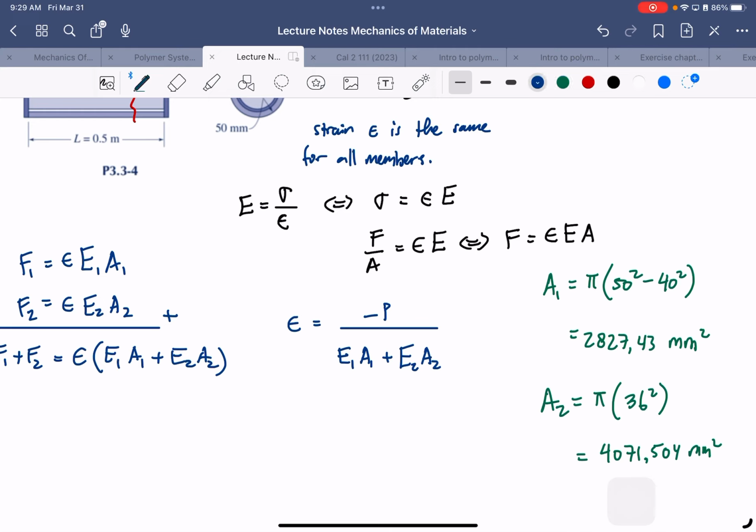Okay, now the strain is negative 200 kilonewton. E1 is 200 GPa. Let me write in terms of MPa to make it easier to calculate.